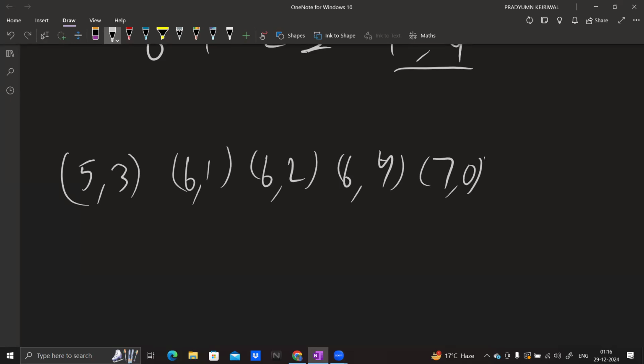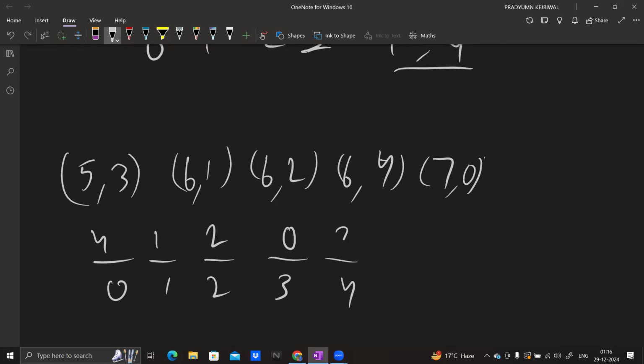So we had this, and the inverse array would be something like 0, 1, 2, 3, 4. The inverse would be 0 is at 4, 1 is at 1, 2 is at 2, 3 is at 0, and 4 is at 3.